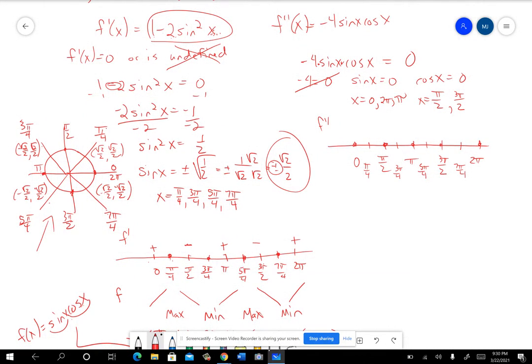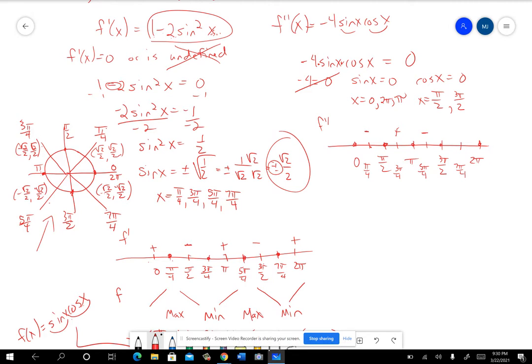All right, so at pi over 4, both sine and cosine are positive. Multiplied by -4, you're going to get a negative. At 3 pi over 4, one of them's going to be negative, and then the 4 was negative, so that's going to be positive. At 5 pi over 4, they're both negative, making them a positive, and then the 4 is negative.